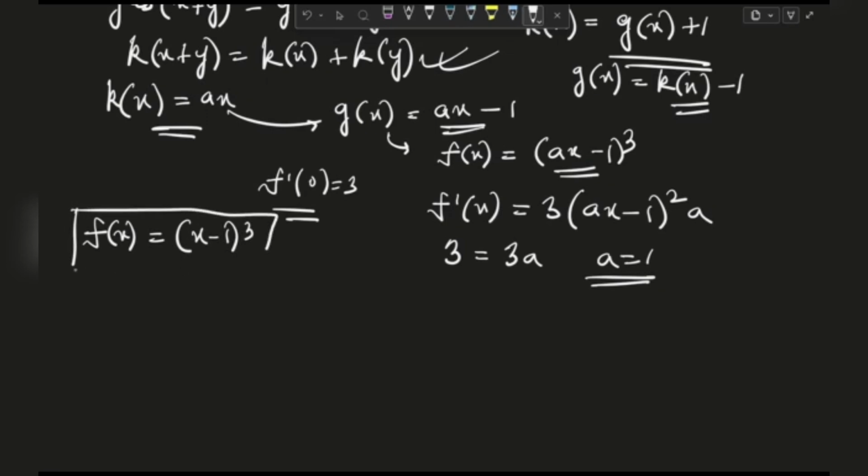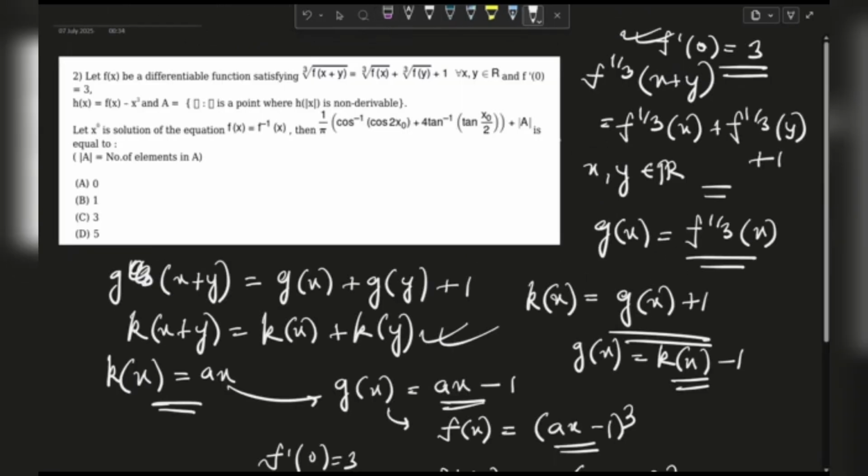Now we are ready to proceed further into the question. Let's read the question once again. So basically we have a function h of x which is given to be f of x minus x cube, and there is a set A which contains a point. I don't know what was there in these boxes, but I guess A will be the set of all those points such that h of mod x is non-derivable.